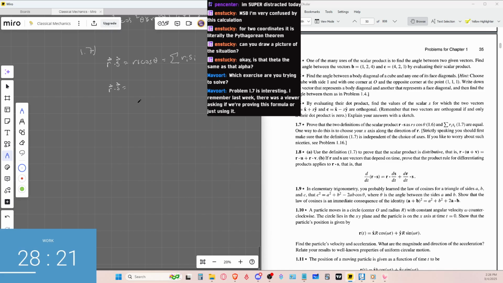Because if I remember, the law of cosines is A equals, let's see, I think minus 2... Oops, that doesn't look like a good gamma at all.